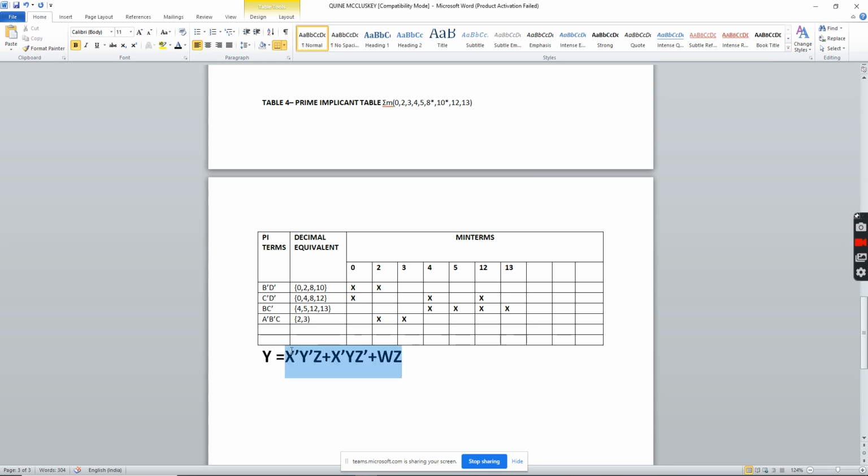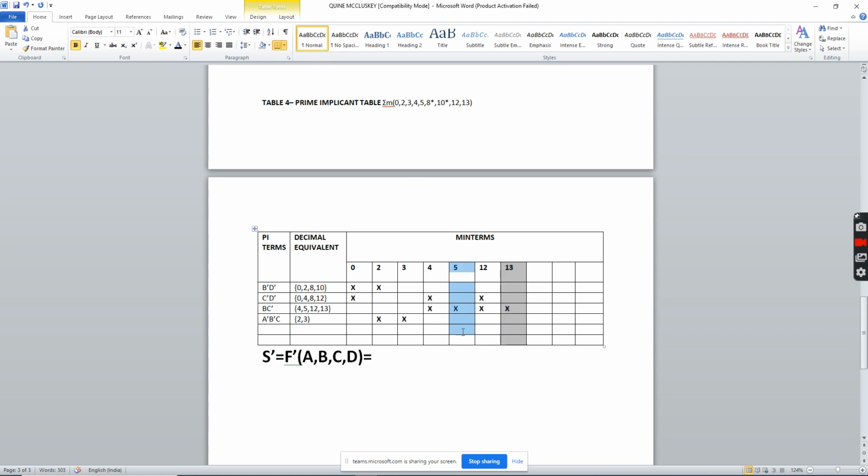So now I am having the equation F bar of A, B, C, D, which is equal to. So I will identify the PI terms here. This is a PI column. This is a PI column.